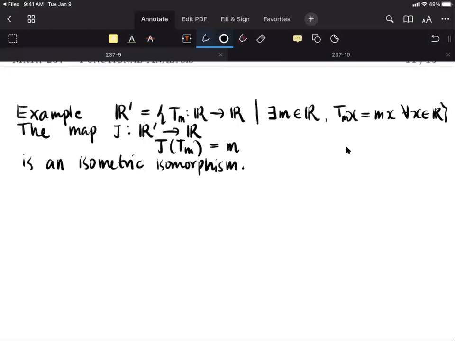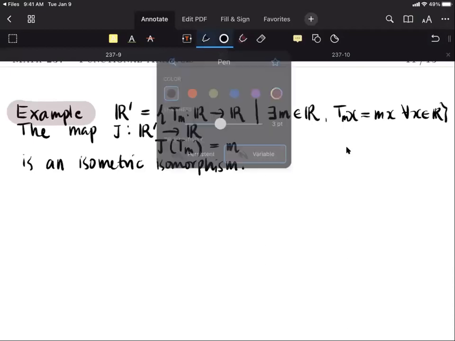So here, the prime is justified from the fact that m would be the derivative of your linear operator T sub m. Okay, so that is the justification of the prime notation for the dual space.